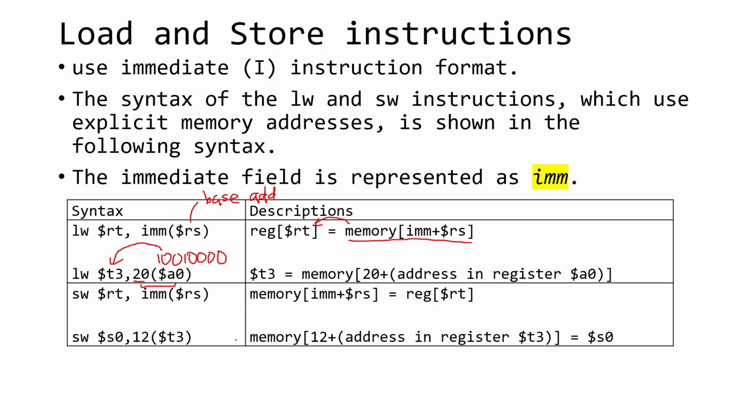and then they retrieve the memory content and put it inside the RT. The same thing happens for the store word, but this time you want to store the data from the RT to the memory address that has been calculated. Here, the memory address that we calculate is the immediate plus the base address, which is sometimes 10010000, the default one.